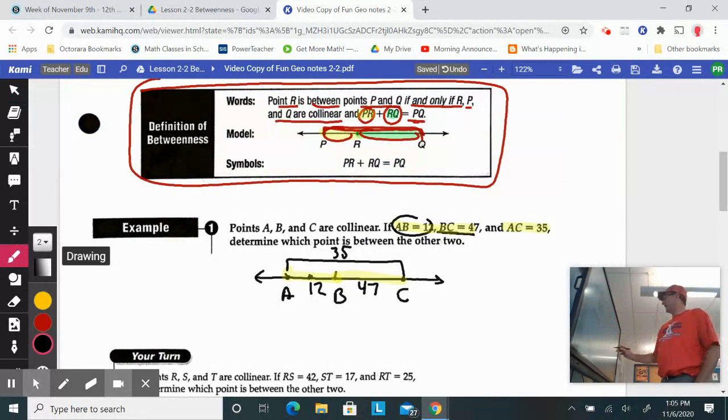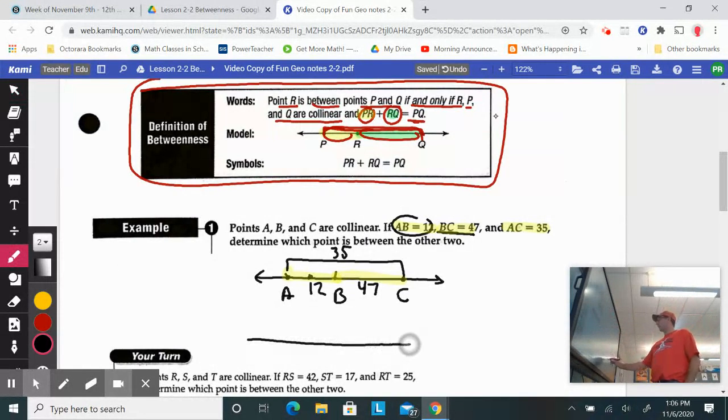So before I erase that, I'm just going to go down here and say, all right, I'm going to start at A. Okay, and maybe it's A to B. Oh, wait a second. Let's do it this way.